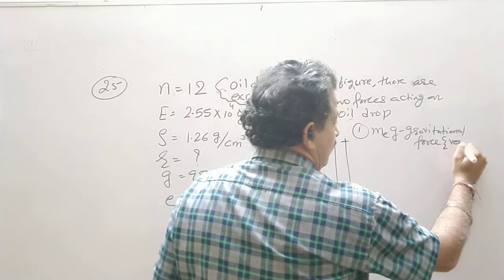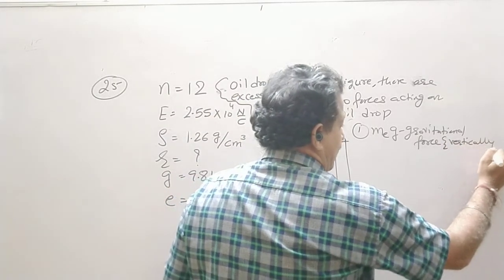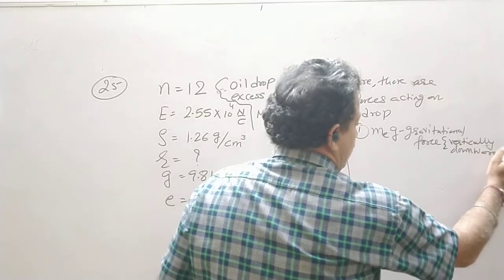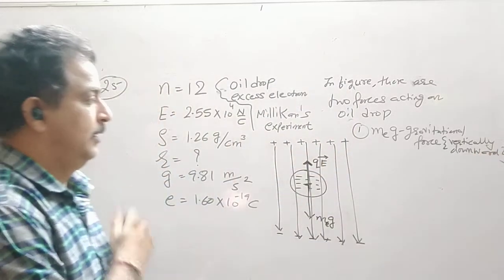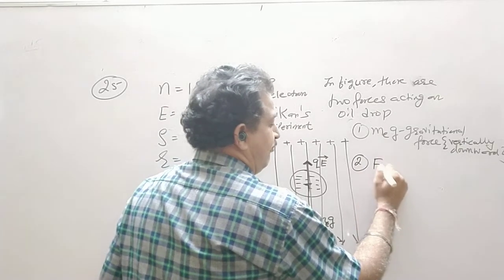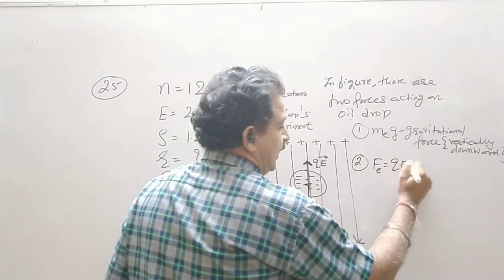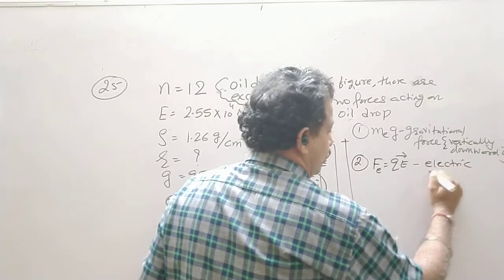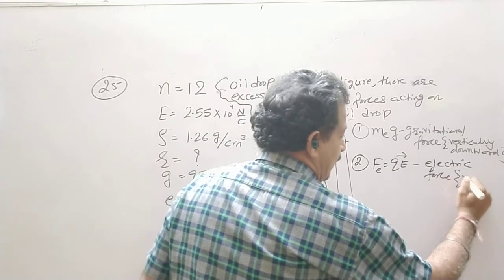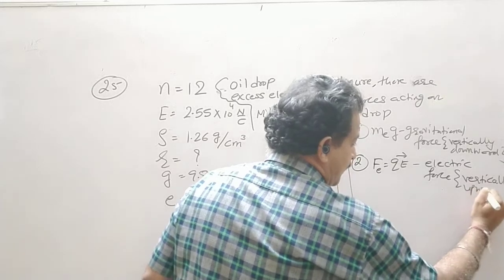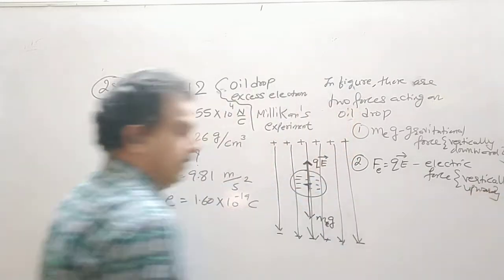Direction, we mention in bracket, vertically downward. The other force is F_e equal to qE, that is the electric force or Coulombian force. It should be vertically upward. So there are two forces.